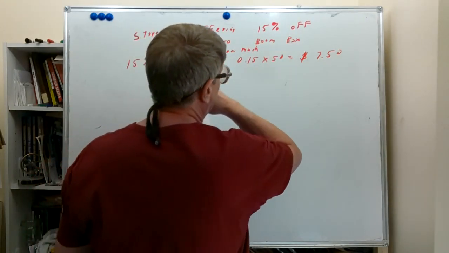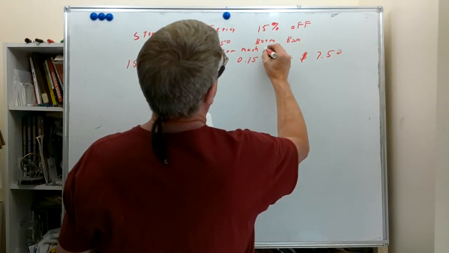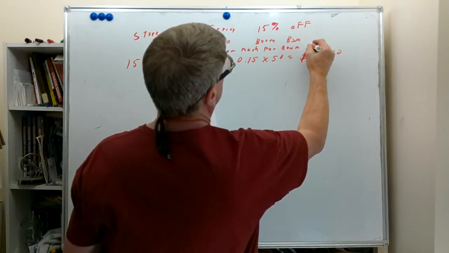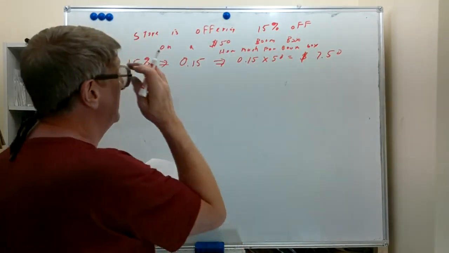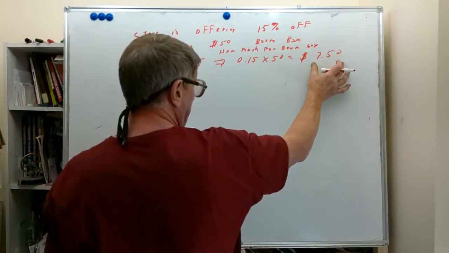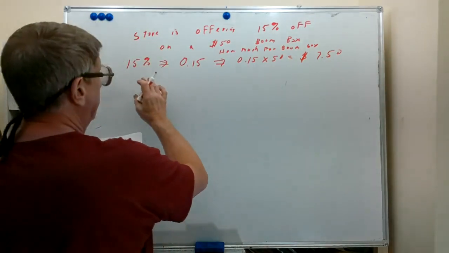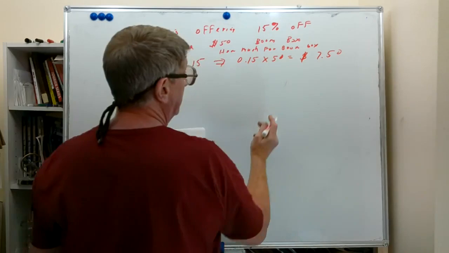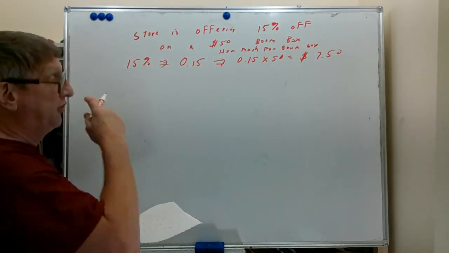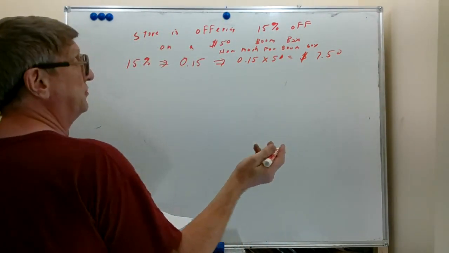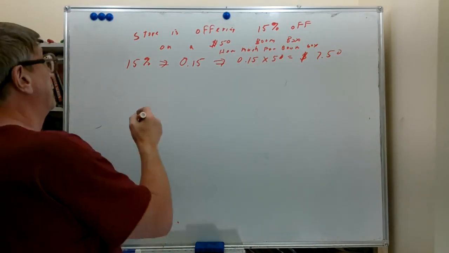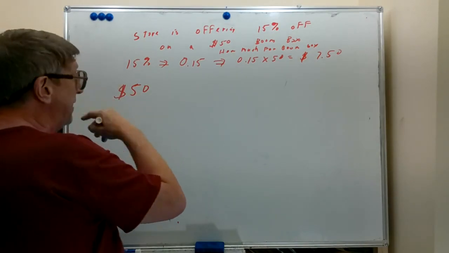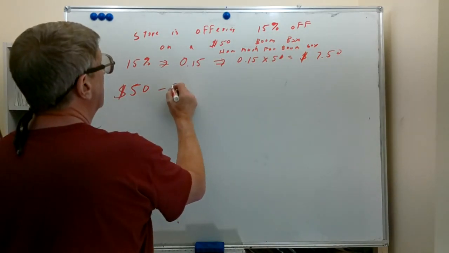We got a 15% discount. We want to know how much for the boom box. So we calculated how much we're getting off, which is $7.50, by taking the percent to a decimal, multiplying it times the 50 that the percent was off of. So now to get the cost of the boom box, we've got to take the original cost, which was $50, and from that subtract the discount.